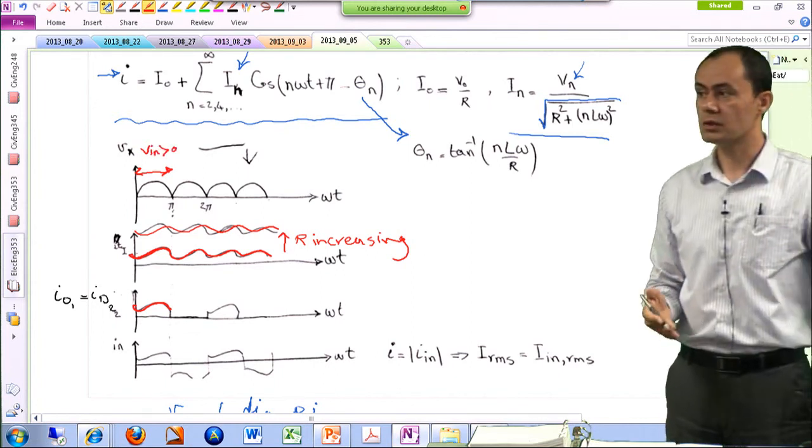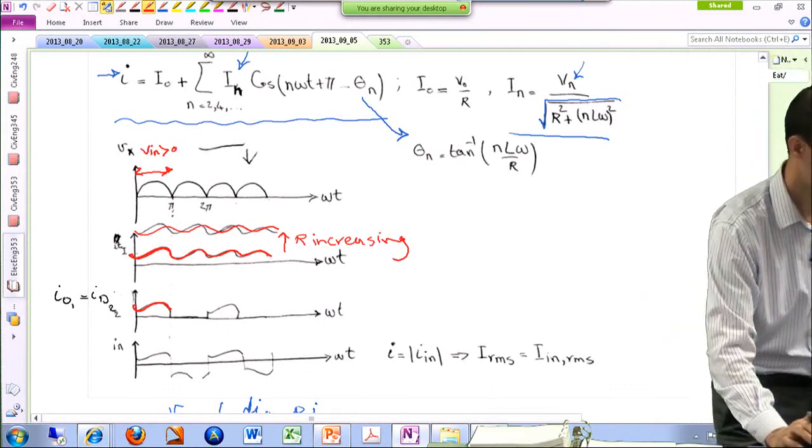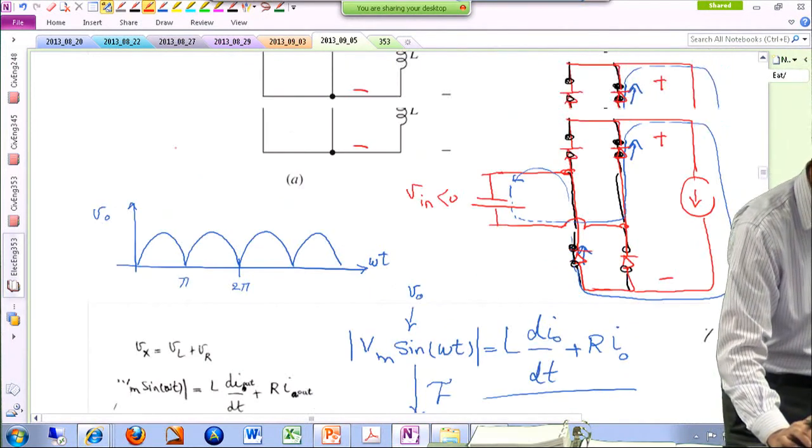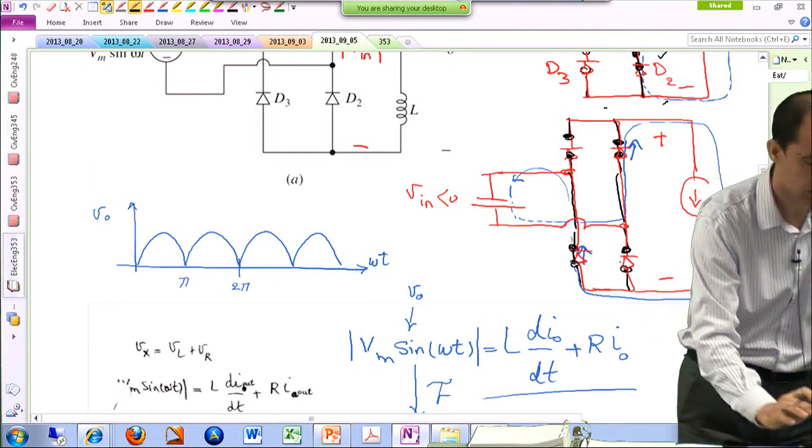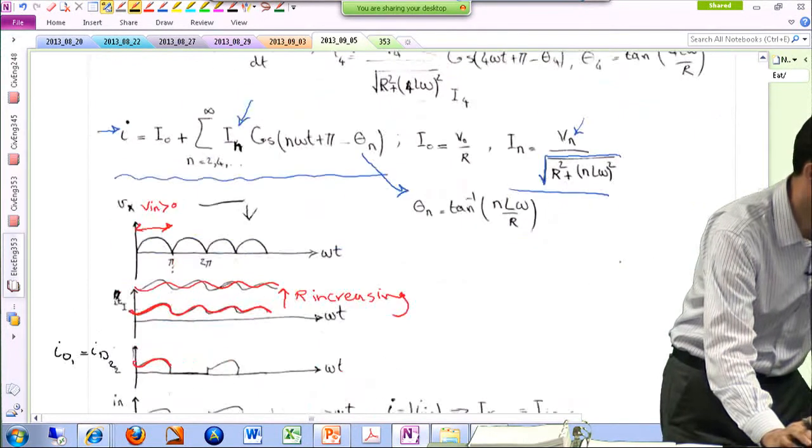In the second mode, the input voltage is negative, and as we just discussed, D1 and D2 are basically off. This is D1, and this is D2. They are both off. They are not conducting any current. So basically the current is 0.